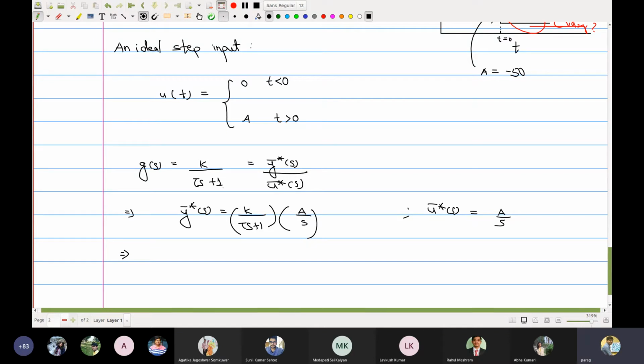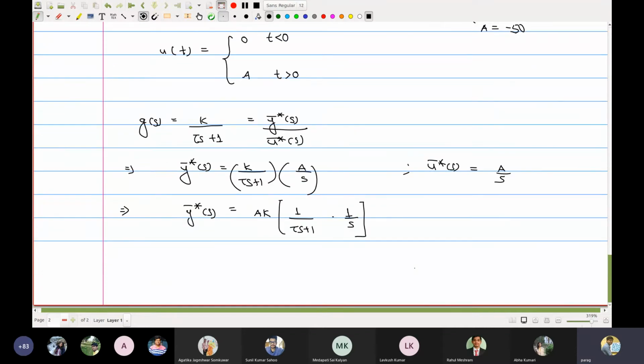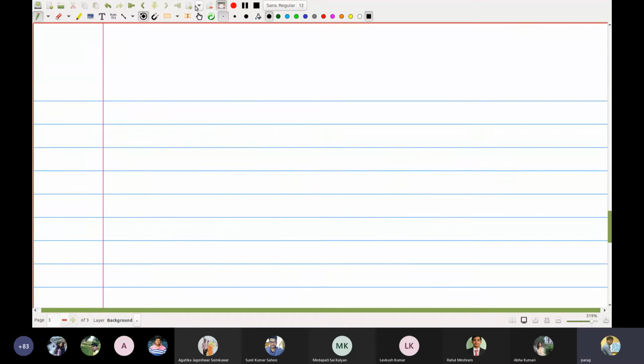So what do I need to do now? Let me first write it in a more convenient form. This is equal to Ak, it's just a constant, does not matter, times 1 upon tau s plus 1 multiplied by 1 upon s. And then if I need to take the Laplace inverse to get y of t, I need to do a partial fraction of this. So let's see how I do that.